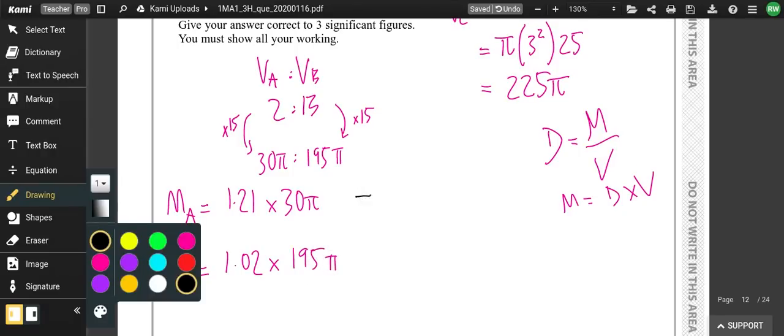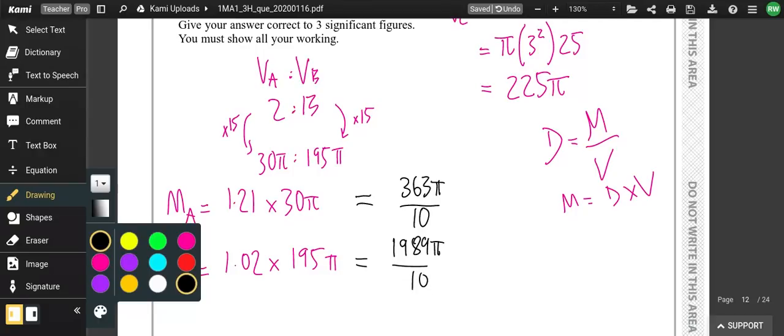So mass of A, 1.21 times 30 pi is 363 pi over 10, and 1.02 times 195 pi equals 1989 pi over 10.